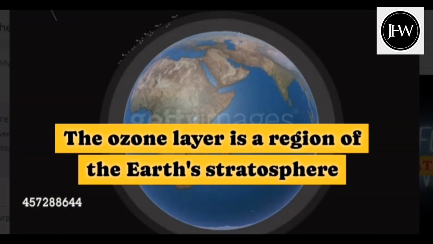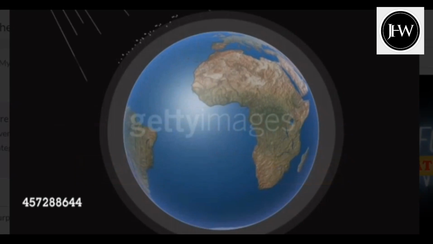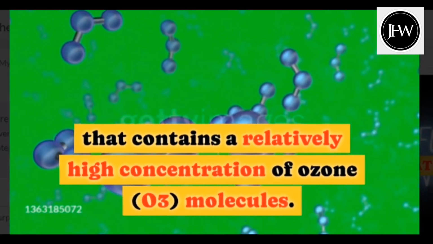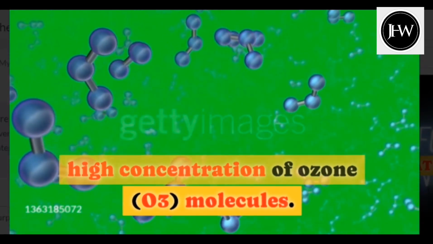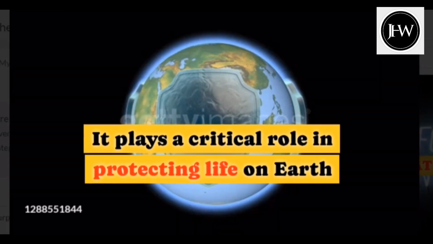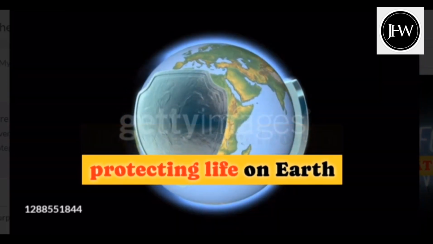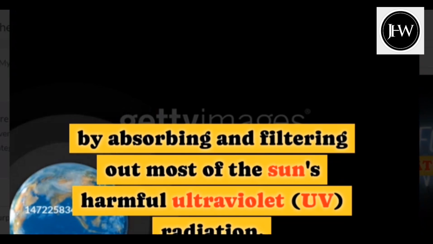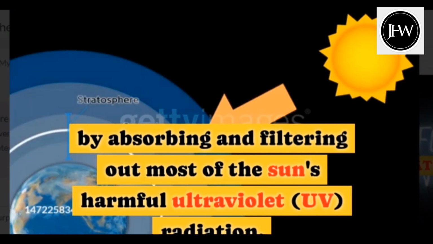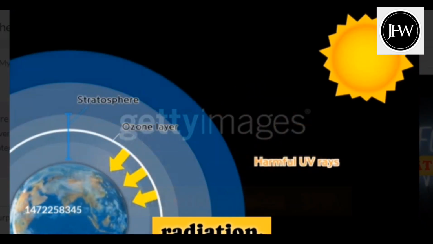The ozone layer is a region of the Earth's stratosphere that contains a relatively high concentration of ozone, O3, molecules. It plays a critical role in protecting life on Earth by absorbing and filtering out most of the sun's harmful ultraviolet, UV, radiation.